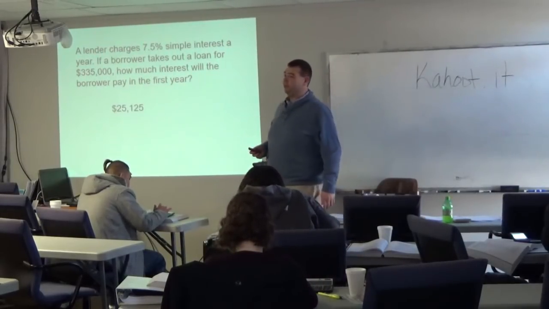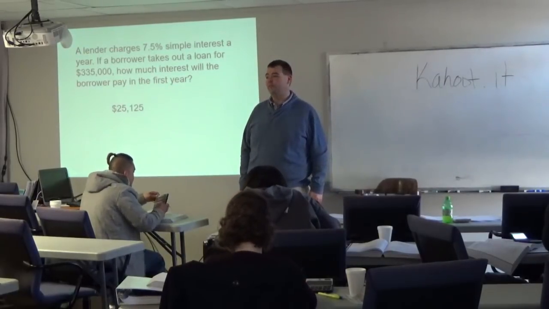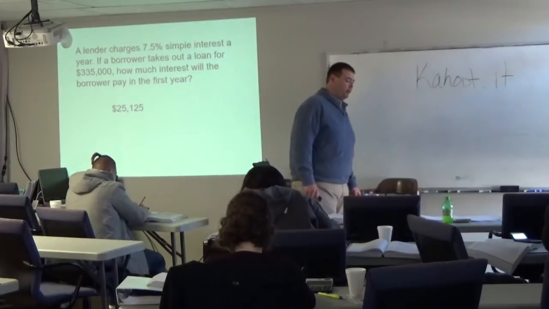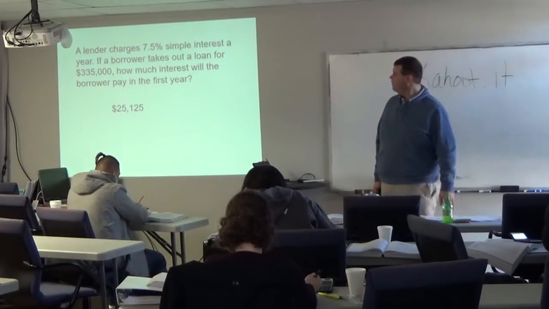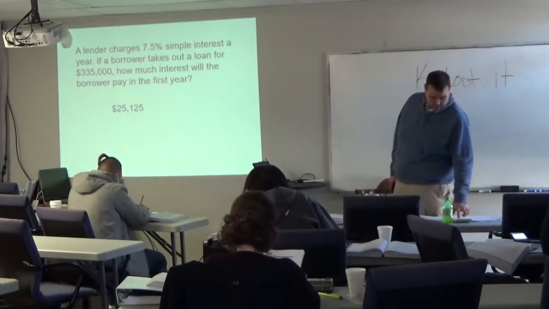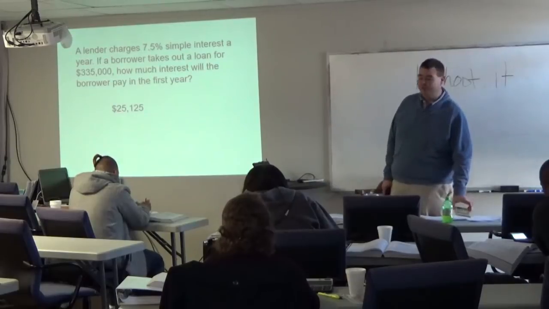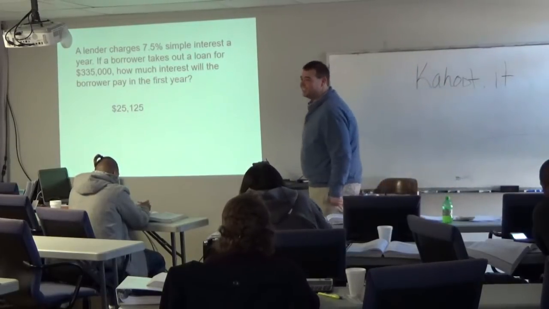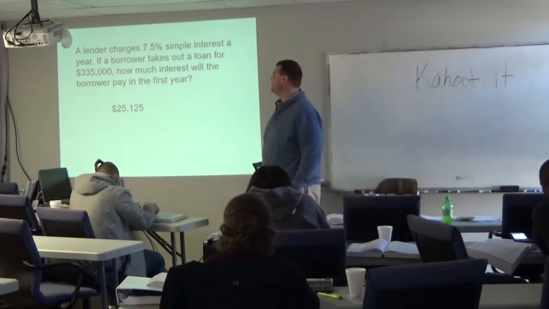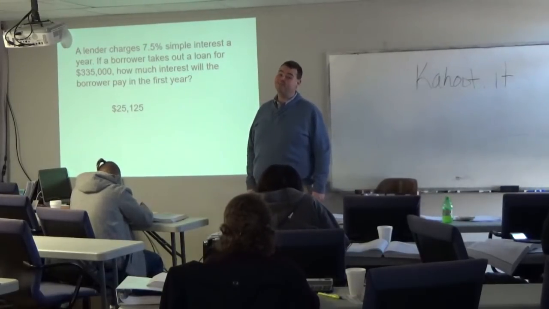You come up with $25,125 in interest. That's a big number, ain't it? A lot of interest. 25,125 divided by 360 is only about $69.80 a day in interest. It does add up quickly.